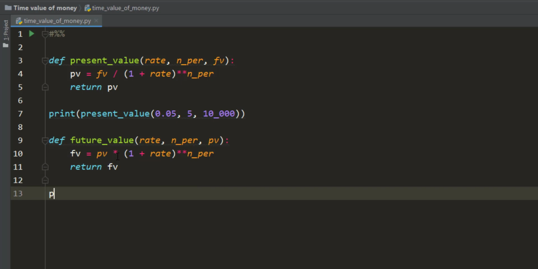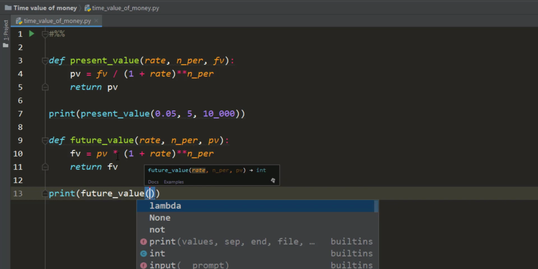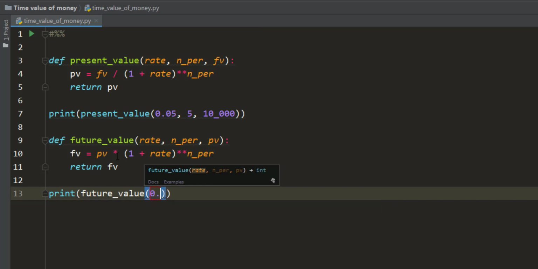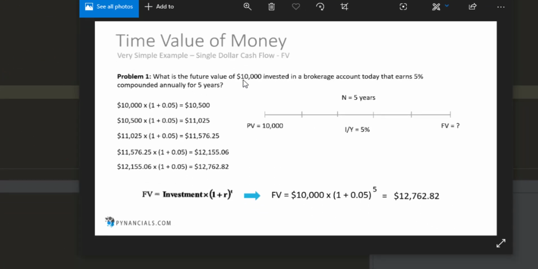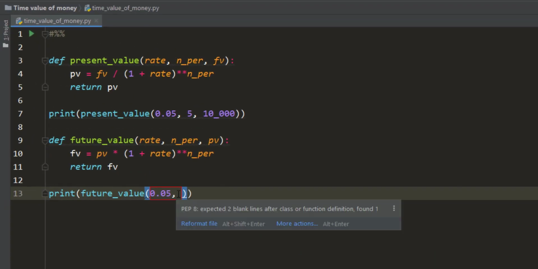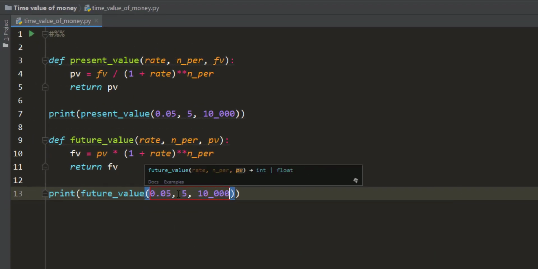So let's print our future value. Our rate was 5%. So let's look at the question again. As you can see here, it says $10,000 invested, 5% interest rate, and 5 years duration. 10,000 for our present value here.